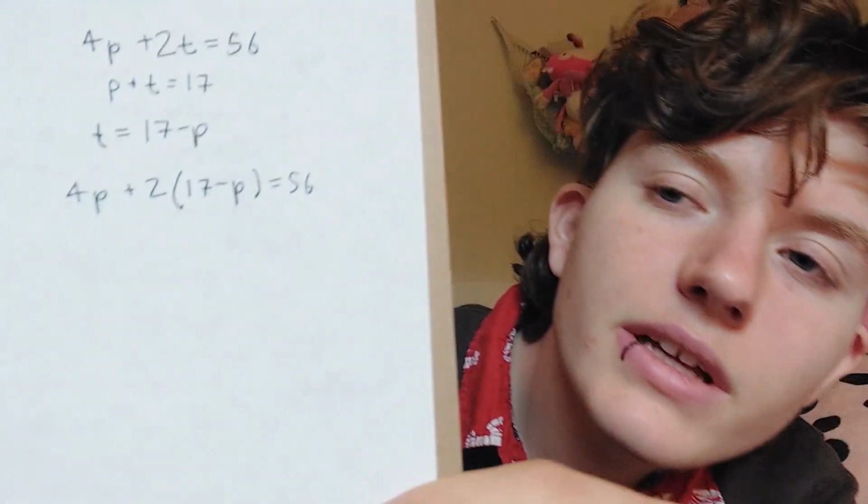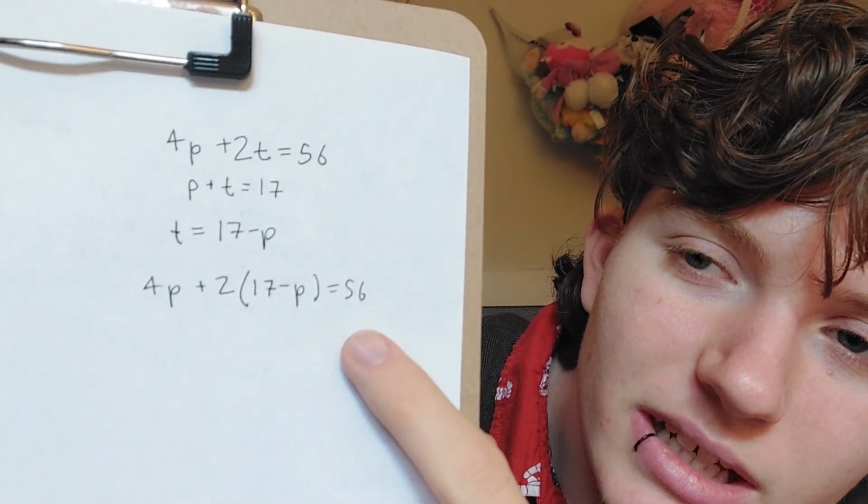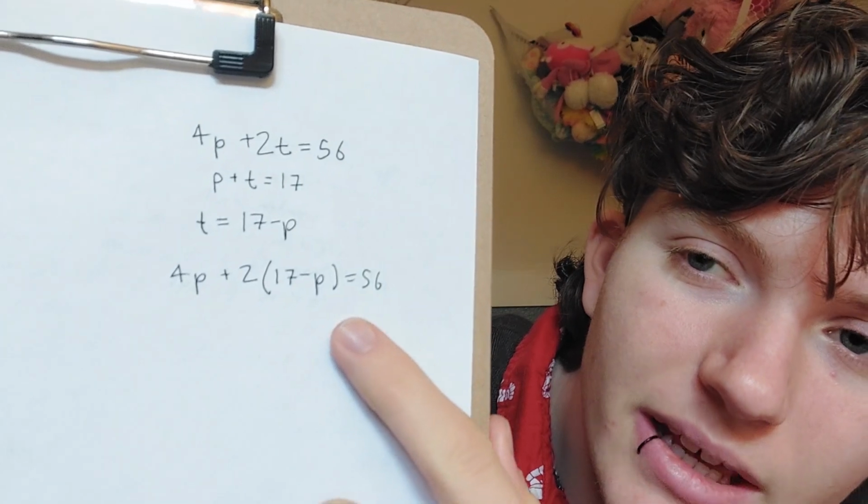So now I'll show you what I have. 4p plus 2 times 17 minus p equals 56. You get 4p plus 34 minus 2p equals 56, and then 2p plus 34 equals 56.